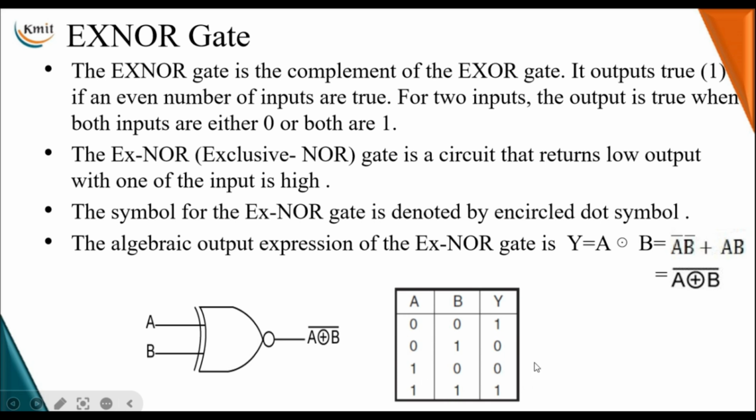So XNOR, or exclusive NOR, is called the equality detector. The operator symbol I'm going to use for XNOR is a dot which is encircled. The Boolean expression is A bar B bar OR AB, or we can also write this as the complement of the exclusive OR gate.